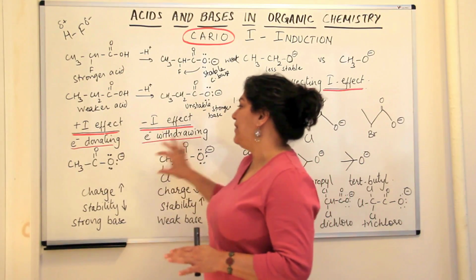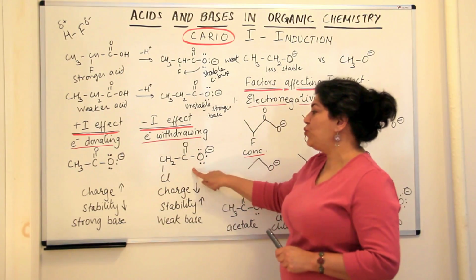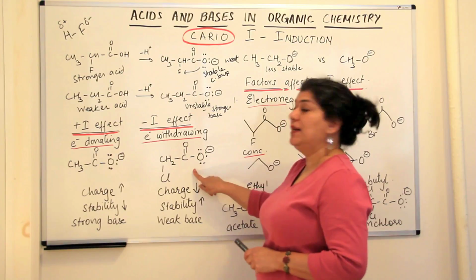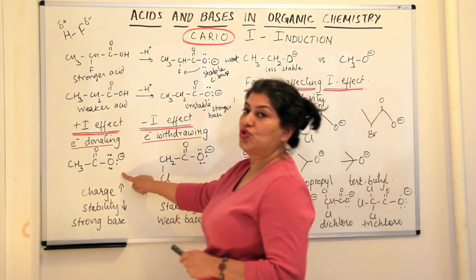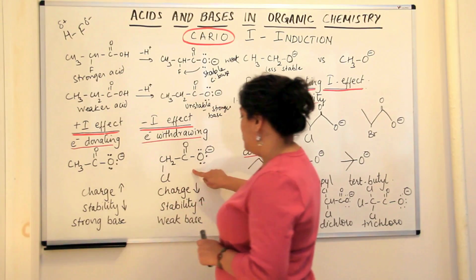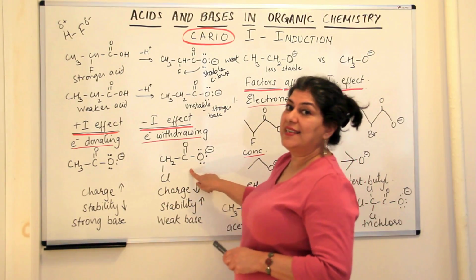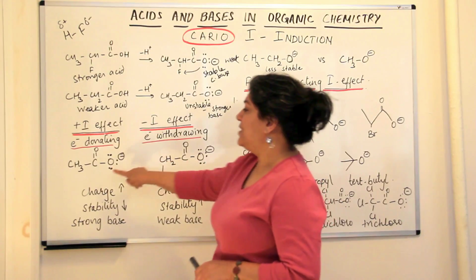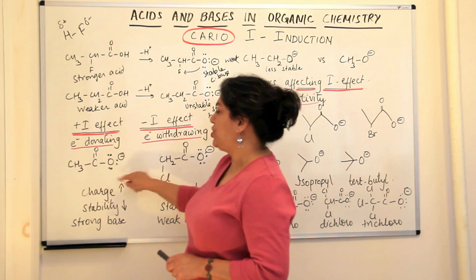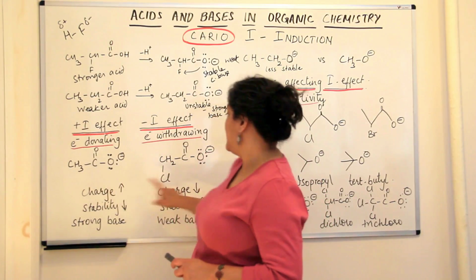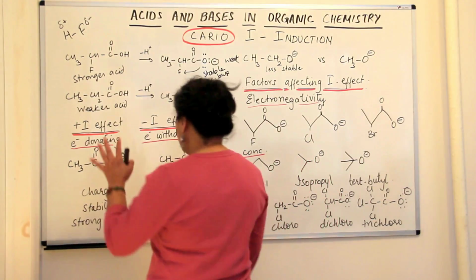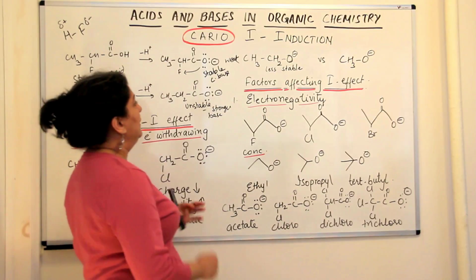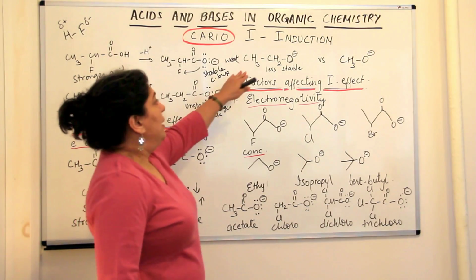And inductive effect resulted in making this species more stable, and since it is more stable, it is a weaker base and this is a stronger base. So if it is more stable, it means the acid is a stronger acid, and this one, if you put an H here, would be the weaker acid, and put an H here, this would be the stronger acid. So this was about the inductive effect.